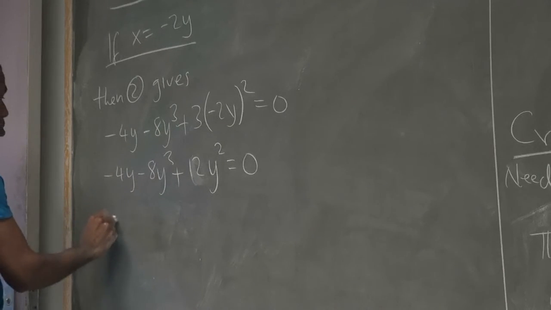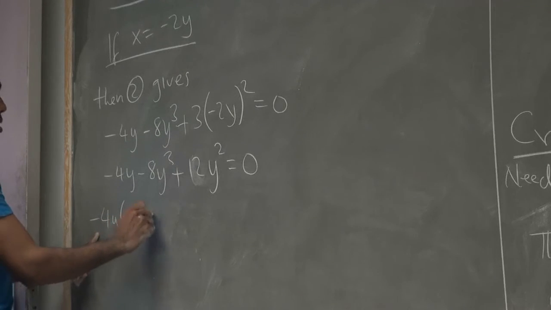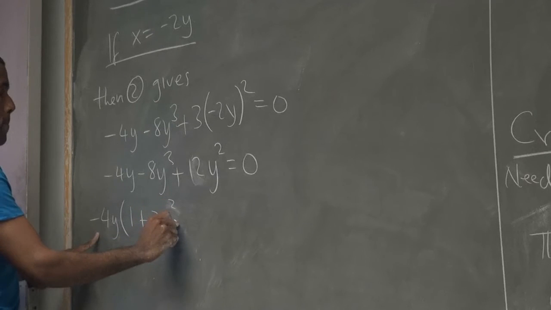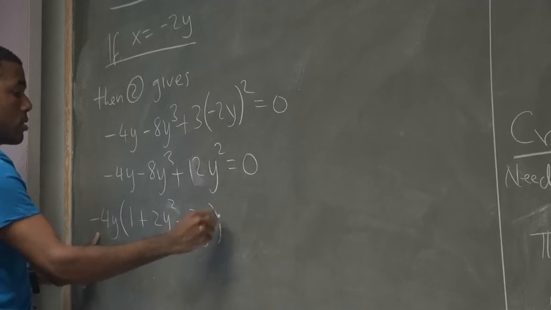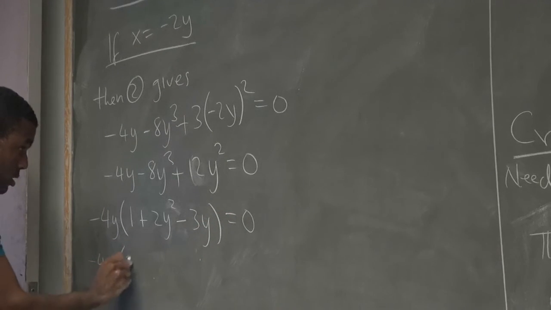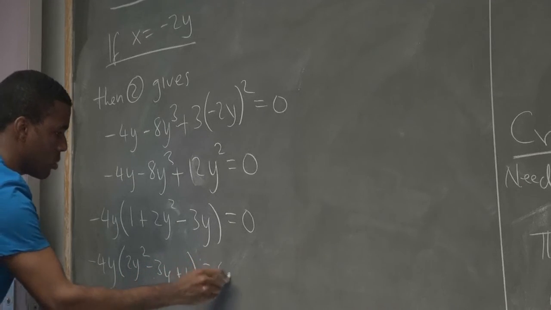Let's take out the minus 4. And so this would give us 1 plus 2y squared minus 3y. This is minus 4y, this is 2y squared minus 3y plus 1 equals 0.